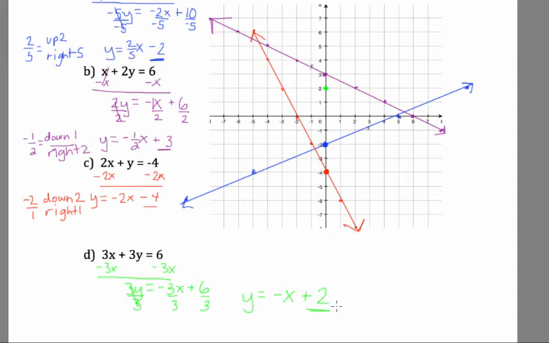Your m number is negative 1. So I know that this line is going to go downhill at a 45-degree angle. I could probably just draw it in, but I'll show you how the slope works. The slope's negative 1. Turn it into a fraction. Put a 1 under it. So it'll be down 1, right 1. Continue your same pattern backwards. There's my line.